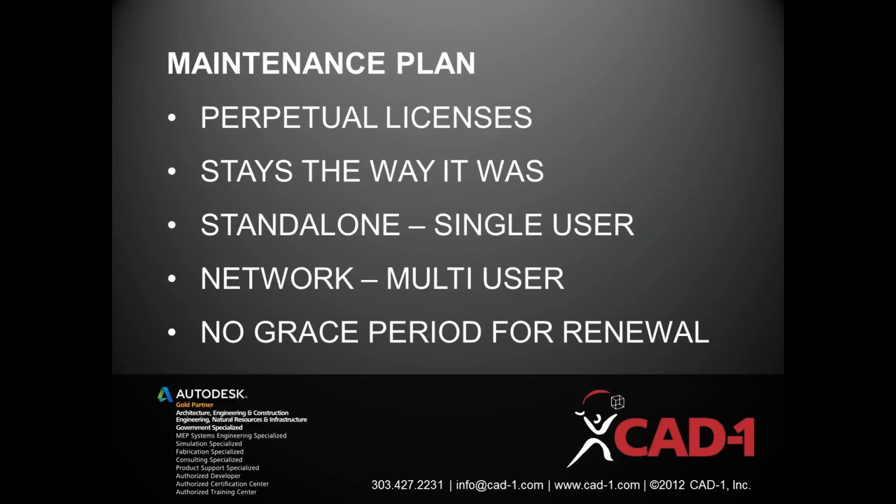Perpetual meaning that if you cease to pay for your maintenance plan, you don't get any more upgrades for that license, but you can keep using it on the last version it was upgraded to. So say you stopped paying your maintenance plan in 2016, you can keep using 2016 for as long as you've got a computer that can install and run 2016. With all the updates from Microsoft, that's getting harder and harder these days.